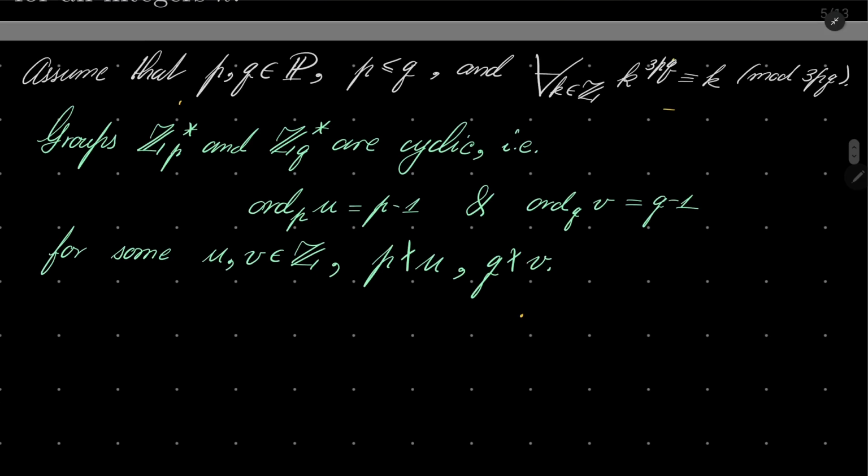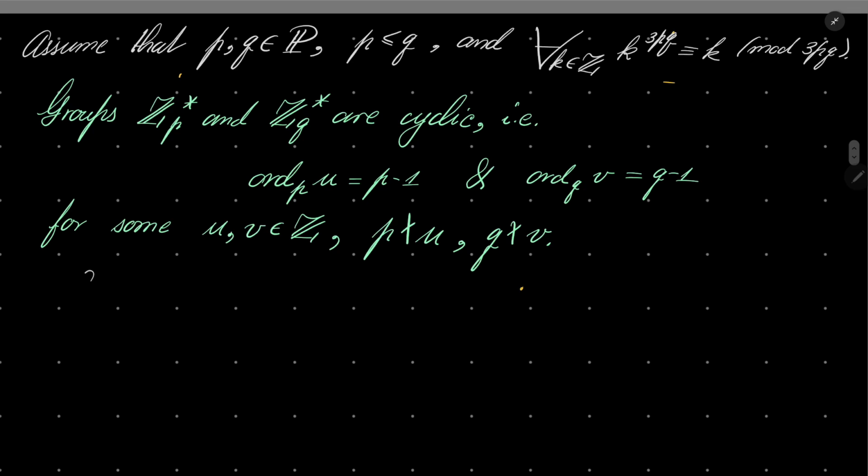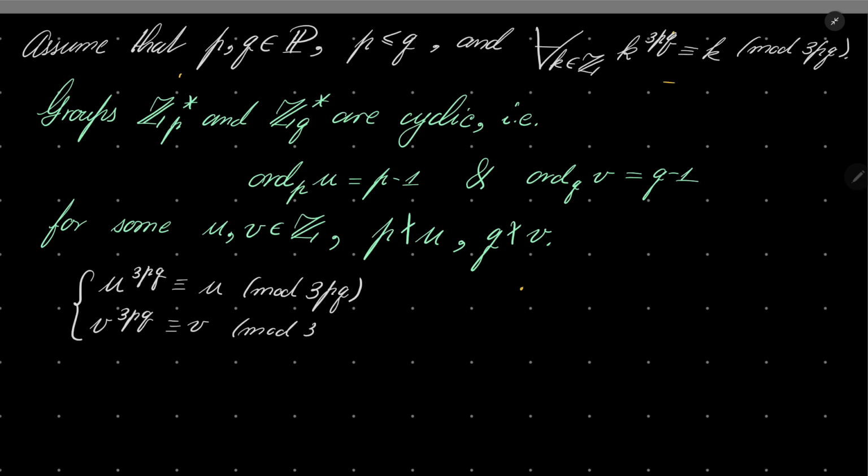Okay, and now let's plug into our condition k equals u and k equals v. And we have the following. u to the power 3pq is congruent to u modulo 3pq, and v to the power 3pq is congruent to v modulo 3pq.